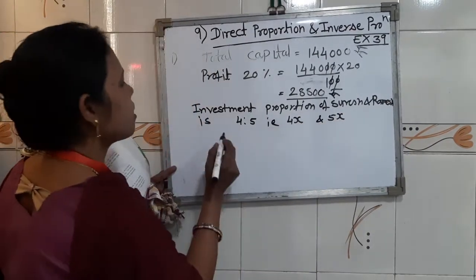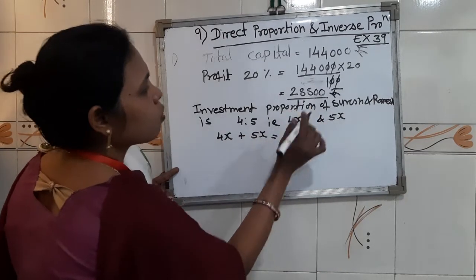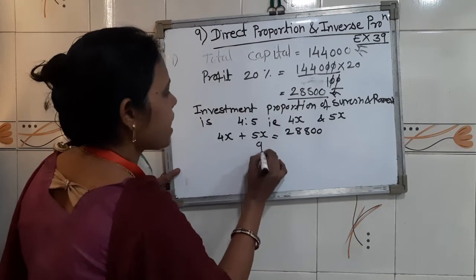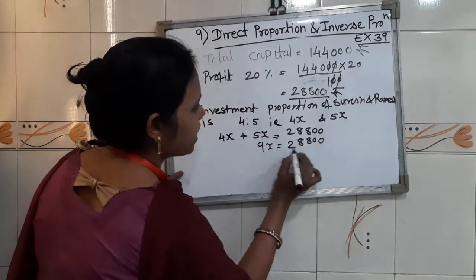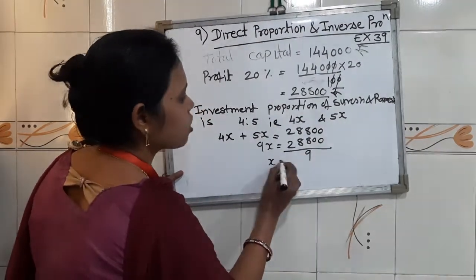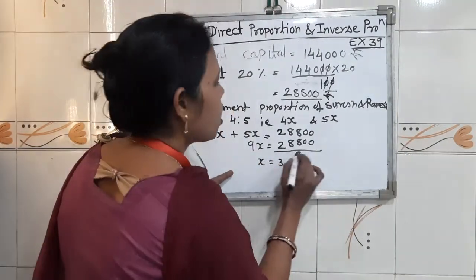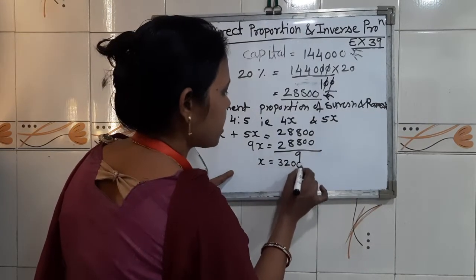So children, here 4x plus 5x equal to total profit. Then 9x equal to 28,800. x equal to 28,800 divided by 9. 9 3s are 27, then 9 2s are 18, 9 0s are 0, 9 0s are 0.